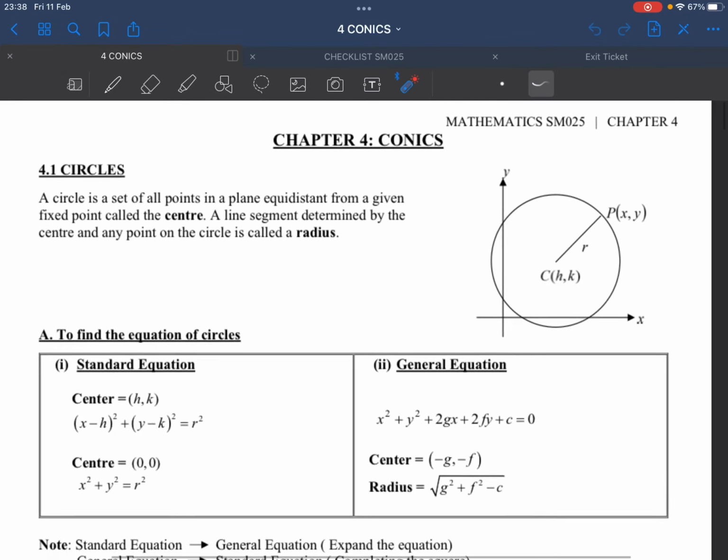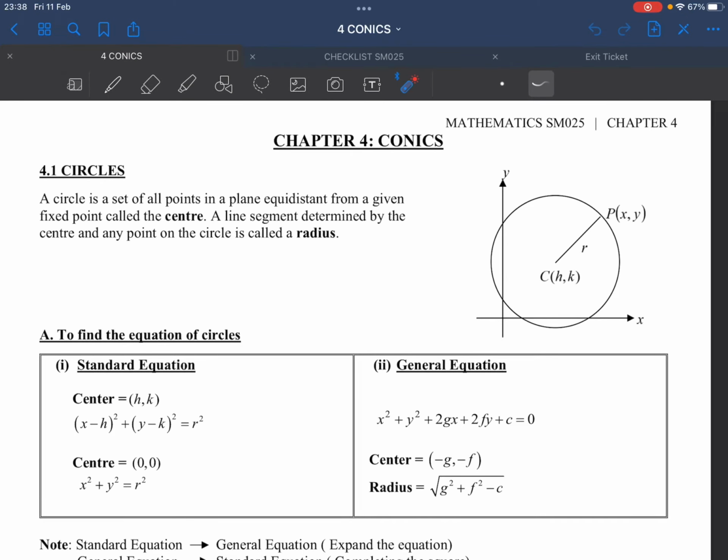So here we have a circle. For circles, we have the center. The center is labeled as (h, k), and sometimes it is labeled as (negative g, negative f) for your general equation. This is the standard equation for a circle with center (h, k).